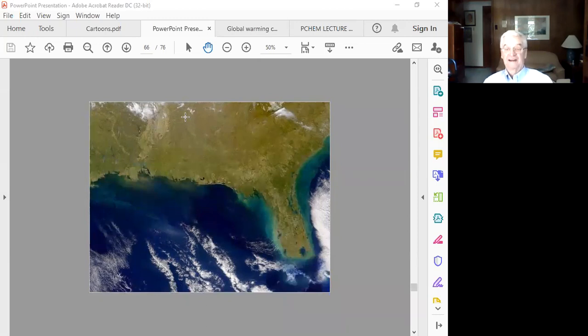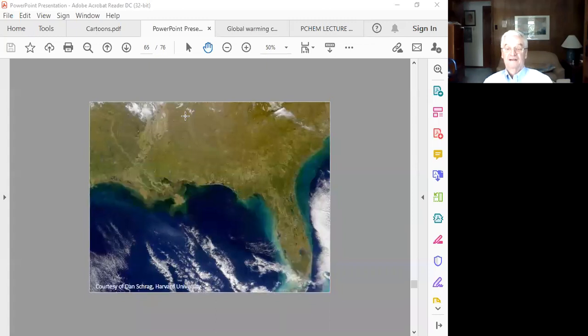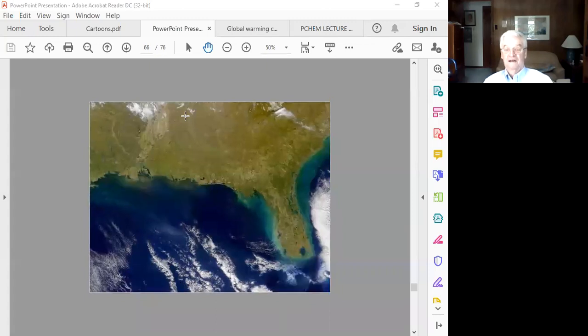Unfortunately, I don't have the date for this, but let me go back. Here's Florida. This might be in 2050 or maybe even 2100. A lot of Florida, the Key West, the islands, a lot of those are going to be below sea level when we get to that point.